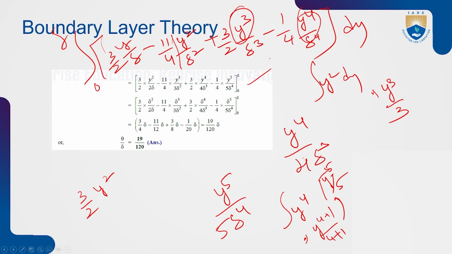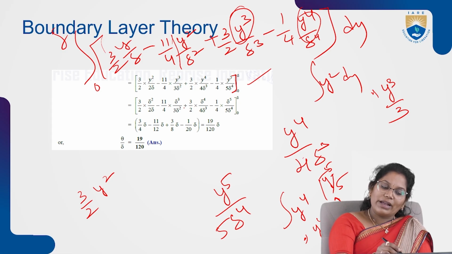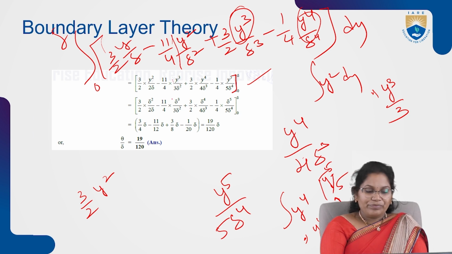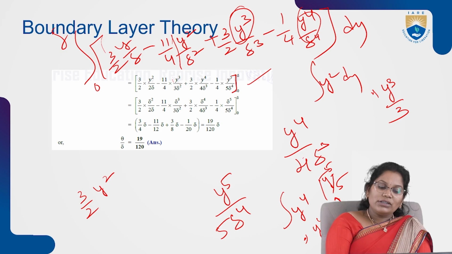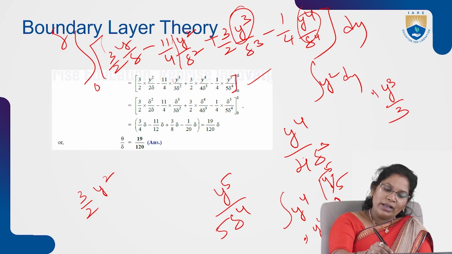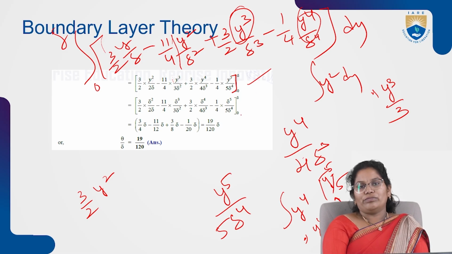After getting these values, you have to substitute the limits 0 to delta. So directly I am substituting here in place of y as delta. Right? So 3 delta square by 2 into 2 delta, minus 11 by 4 into delta cube by 3 delta square. In place of y I am just substituting delta. Right? 3 by 2 into delta to the power of 4 by 4 delta cube, minus 1 by 4 delta to the power of 5 by 5 delta to the power of 4.